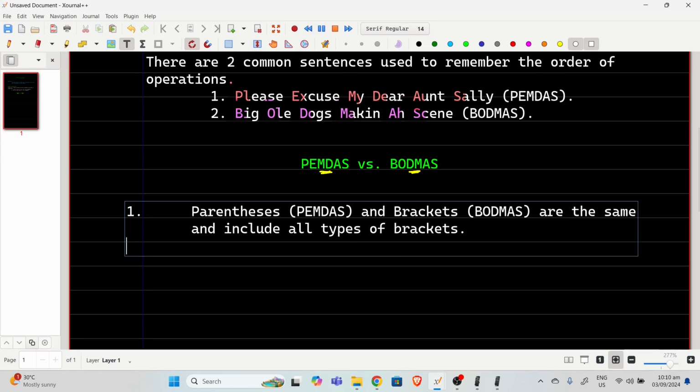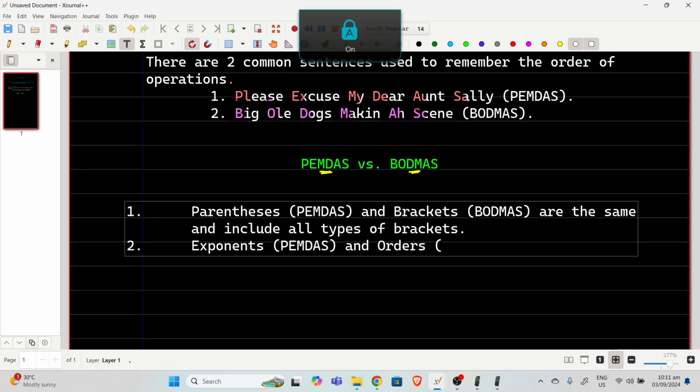Let me go with number 2. We're looking at E in PEMDAS, which is exponents, and orders in the BODMAS.